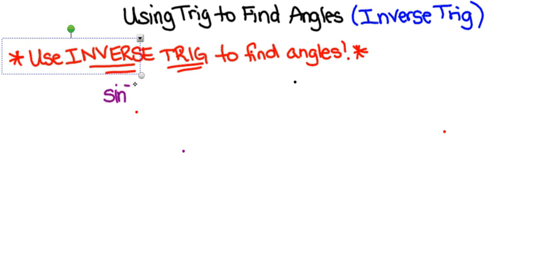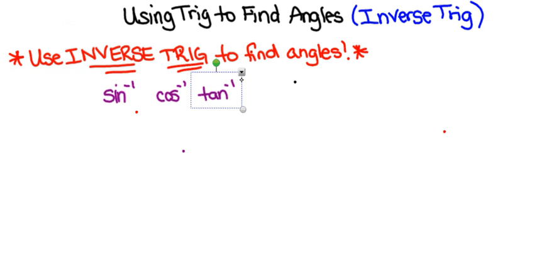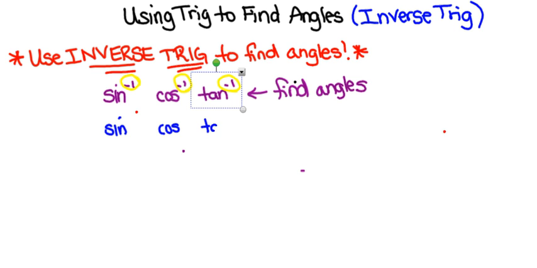But inverse trig is going to have in the upper right-hand corner this little -1. So again, see the little -1 that's written above and to the right? That's inverse trig. We're going to use that to find angles. Not to be confused with our plain old sine, our cosine, and our tangent, our old familiar friends.